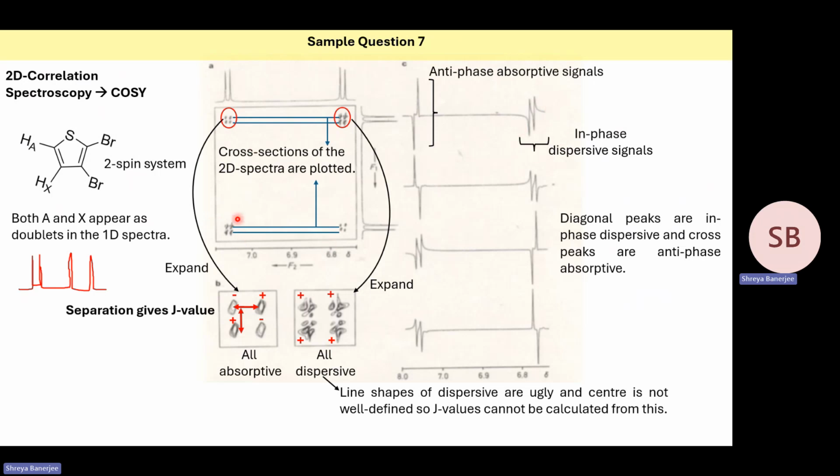Similarly, if you look at this part of the diagonal, this part of the diagonal is essentially the last 2. This is also a diagonal peak, again giving rise to in phase, because down up, in phase, dispersive signal.